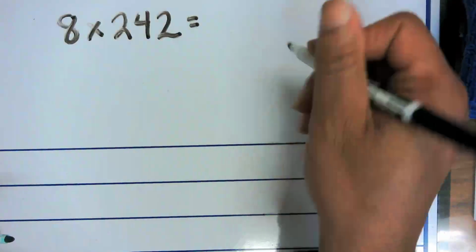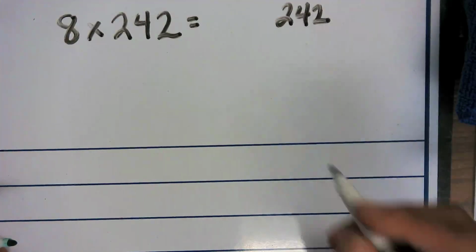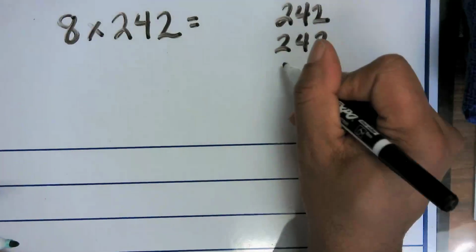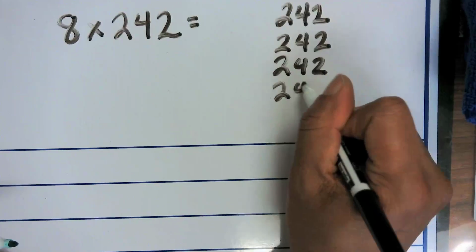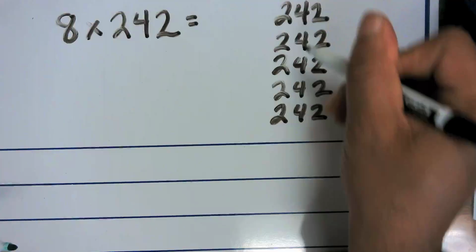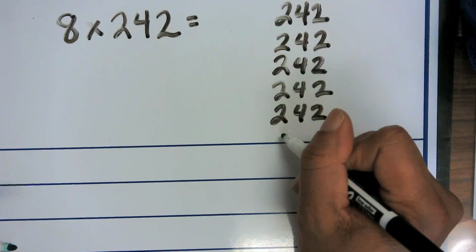Well, Mr. Hughes, I can say 242 plus 242 plus 242 plus 242, plus 242. Well, that's 1, 2, 3, 4, 5 times 242.